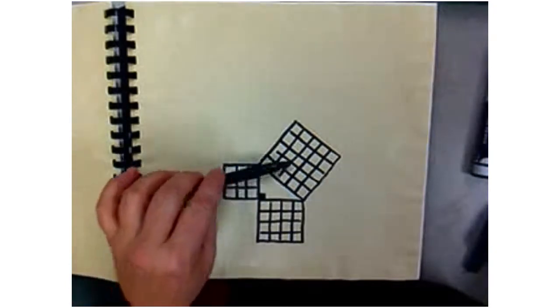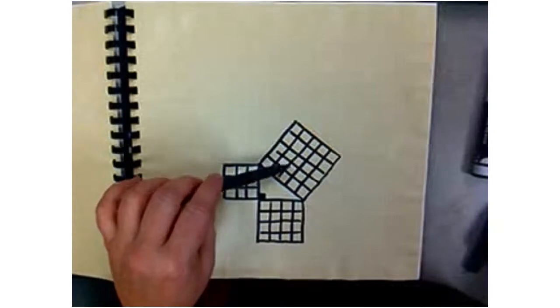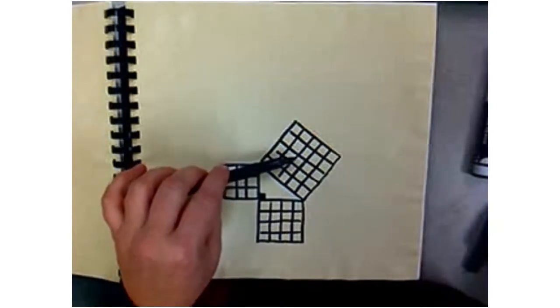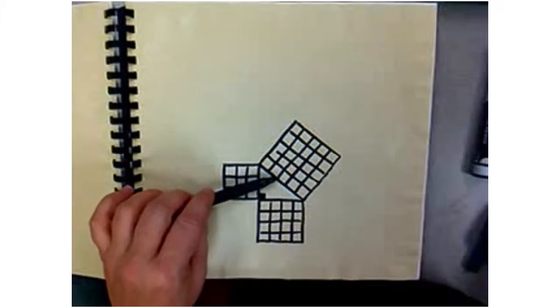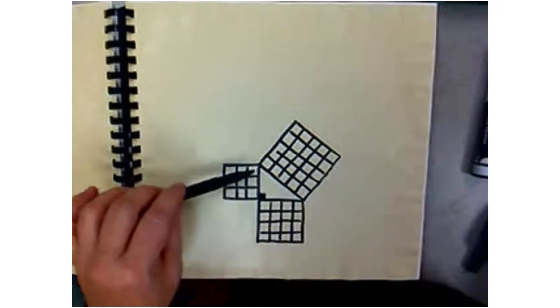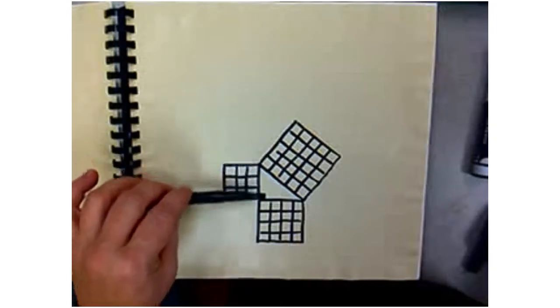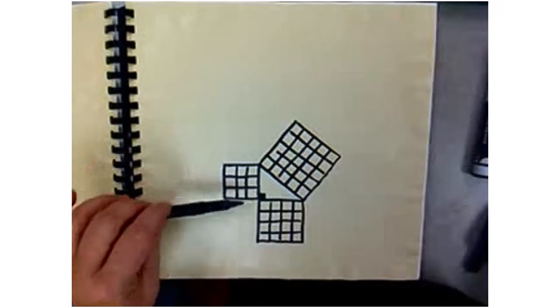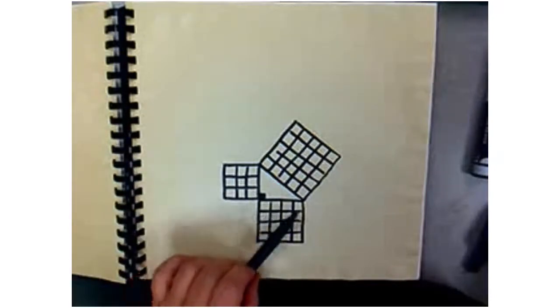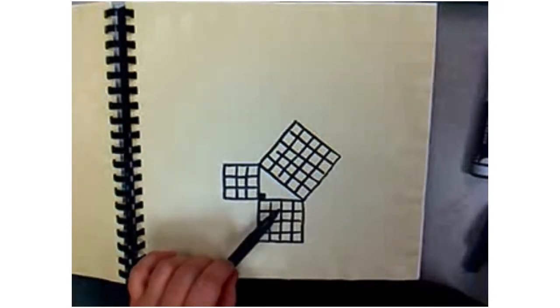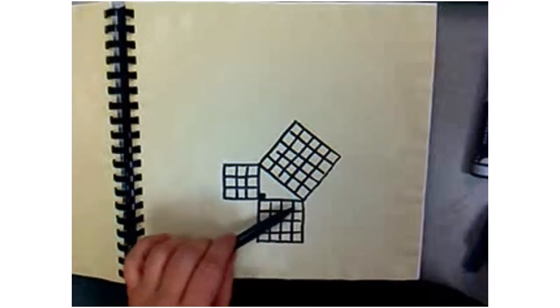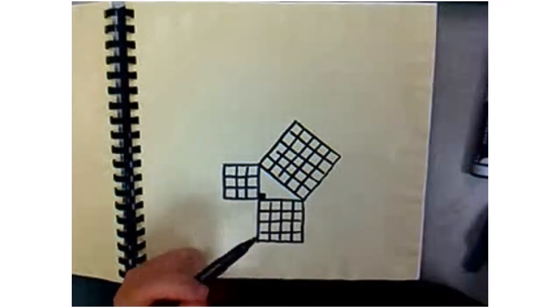And if we have these squares coming together, a 25 unit square, the square root of 25 is 5. That's our hypotenuse. A 9 unit square would be the square root of 9, which is 3. That's one of our legs. And a 16 unit square, the square root of 16, would be 4 units for one of our legs.